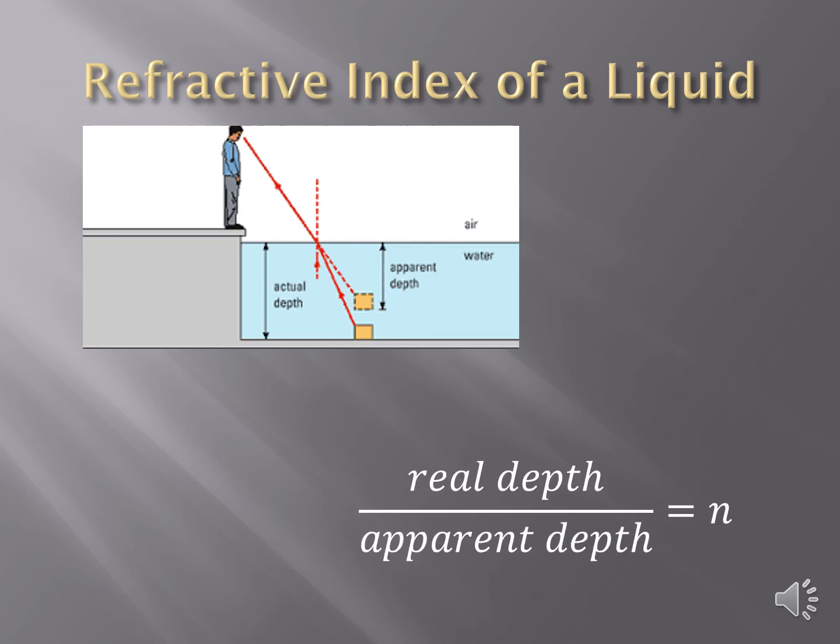Well, it's equal to the real depth, so you can see here, this actual depth, the real depth of the water, and you compare it to the apparent depth. So the apparent depth means what you perceive the depth to be, or what it seems to be. And if you do real depth over apparent depth, you'll get the refractive index of the water in that situation.